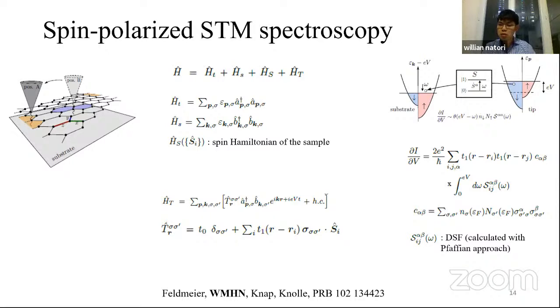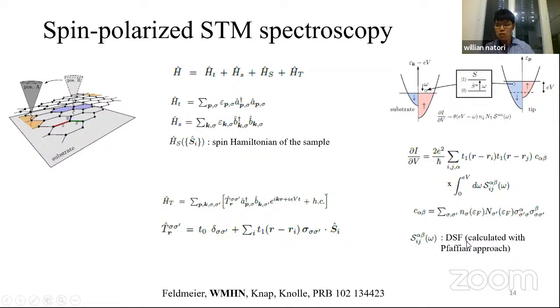If you do some calculation of what the current would be using Fermi's golden rule, and then derive it in relation to the difference of potential that you apply between the tip and the substrate, you'll find this formula here, which will depend on the C alpha beta factor that corresponds to the relative polarization of the spins, and the dynamical structure factor, which is local here.